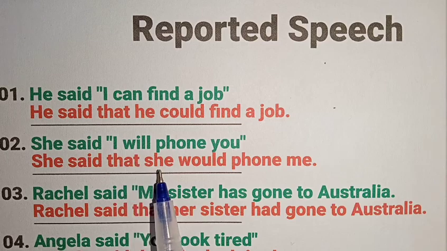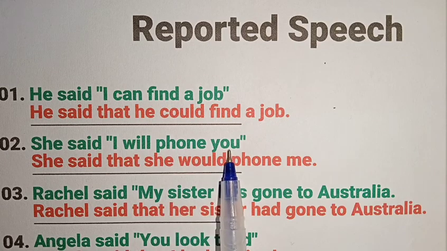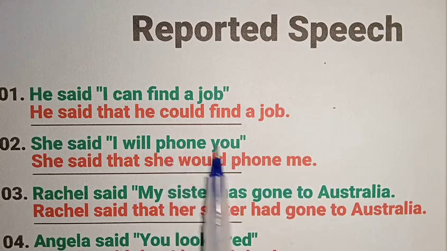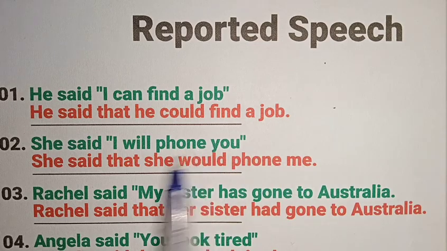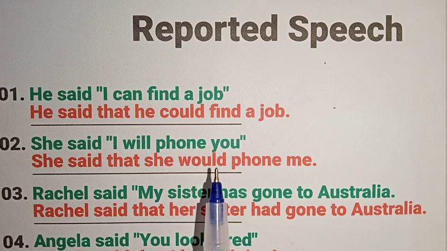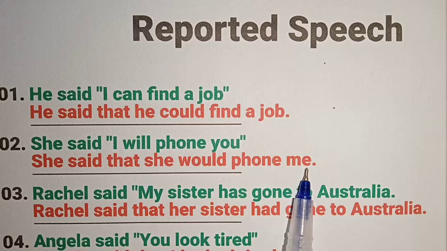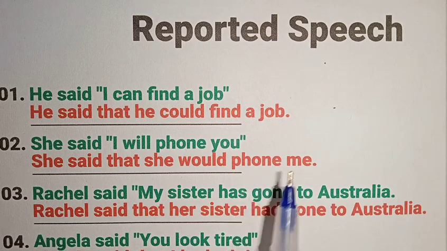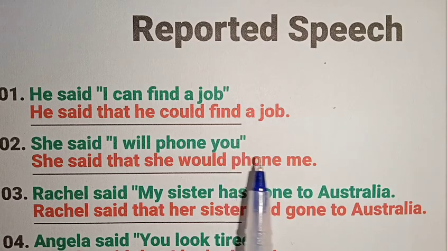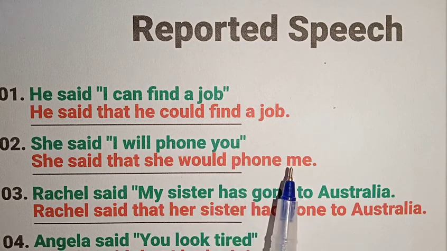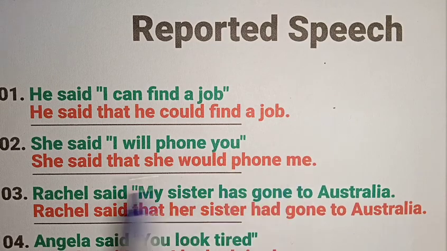I changes into she, you changes into me, because you heard this sentence and you report this sentence. So when you report this sentence to a third party, you should change into me. She said that she would pawn me.